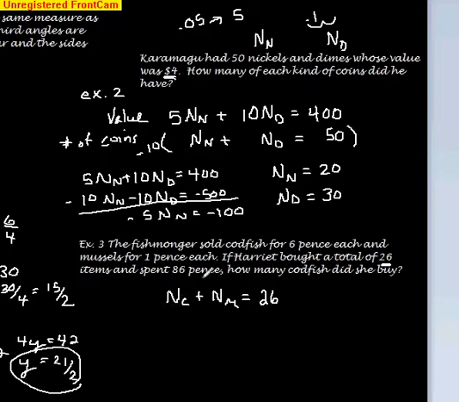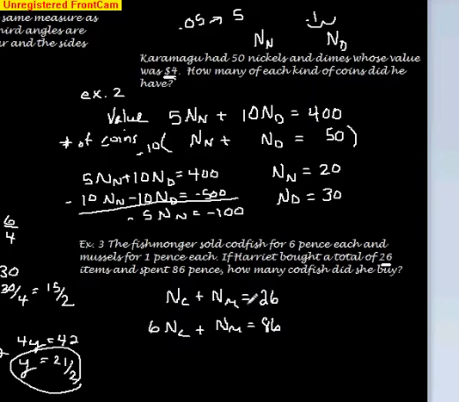Each codfish was 6 pence, each mussel was 1. So codfish was 6. So 6 number of codfish plus, we don't have to write the 1 there, number of mussels equals 86. It's like $86, 86 pence.